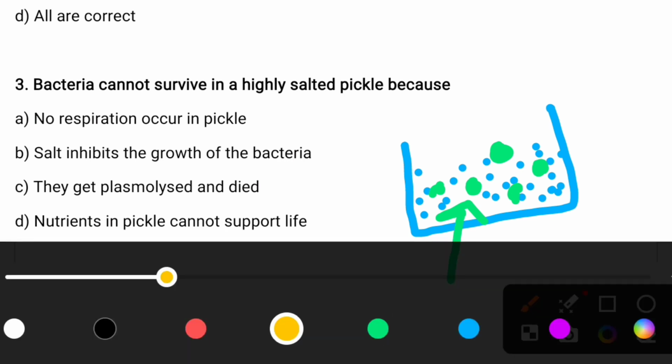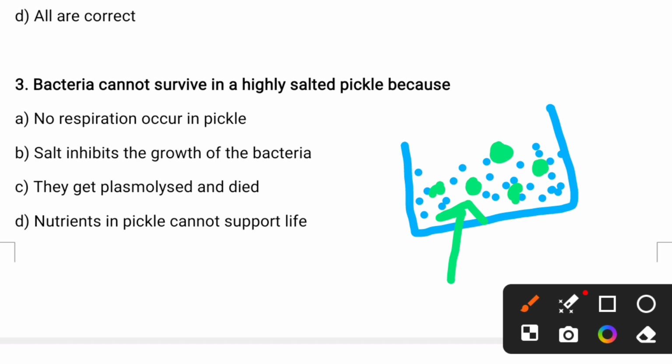The water present inside the bacterial cell simply diffuses into the pickle. Bacteria definitely get plasmolyzed and die. The diffusion of solvent molecules occurs from the bacterial cell into the pickle, then the bacterial cell gets plasmolyzed and dies.